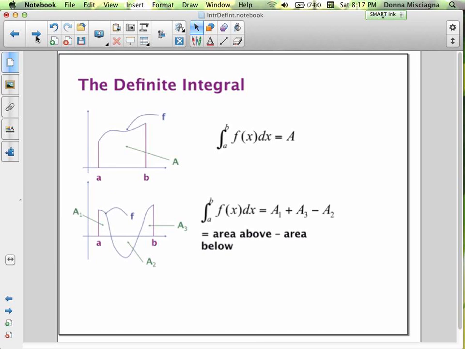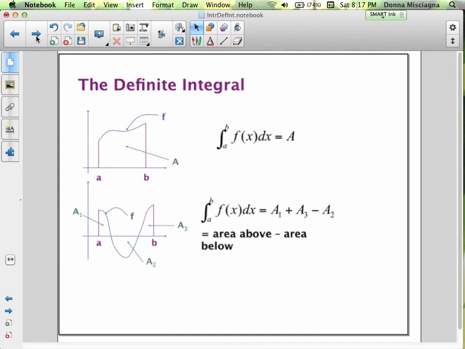All right, so for instance here, the definite integral, if we just calculate it out, in the first example, A is that positive area under our curve from A to B. In the second example, some of it's below the x-axis.